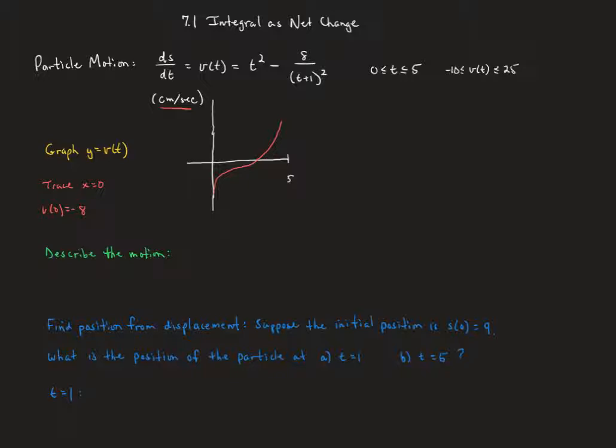And then if you hit trace and then you put in the 5, so I'm saying x, but it's the same thing as t equal to 5, then I believe you're going to get something like 24.8 centimeters per second. So at the end of those 5 seconds, our particle is now moving about 24.8 centimeters per second to the right.